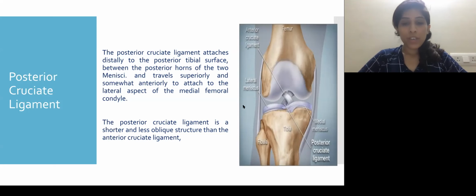The posterior cruciate ligament is shorter and a less oblique structure than the anterior cruciate ligament. Okay, so again we'll repeat the position. The posterior cruciate ligament attaches distally to the posterior tibial surface between the posterior horn of the two menisci.